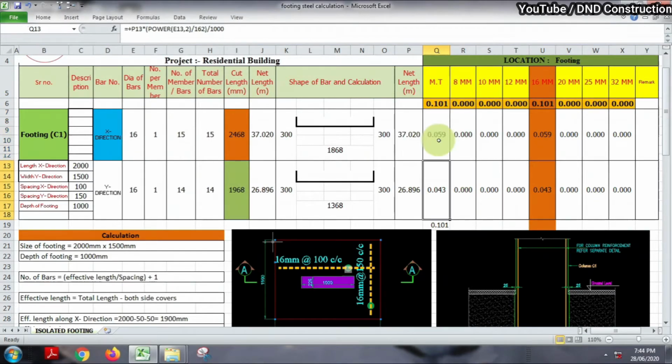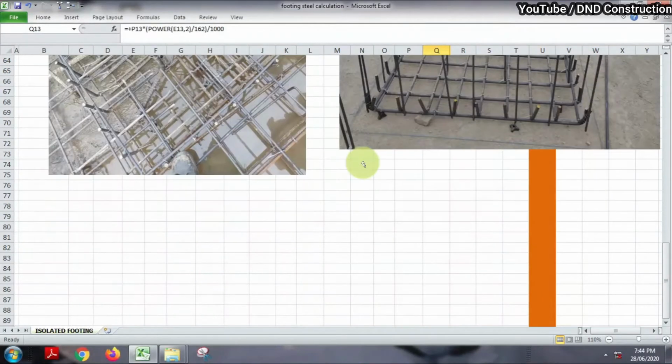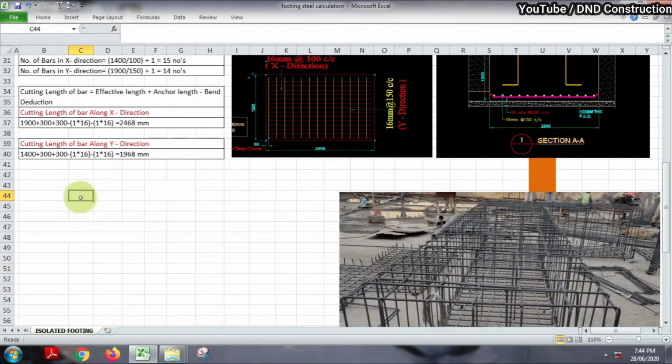As you know friends, to calculate steel weight in kg, the formula is d multiplied by d divided by 162, where d is in mm.